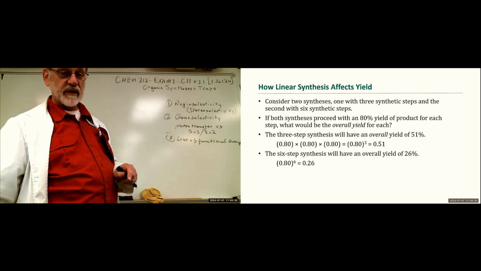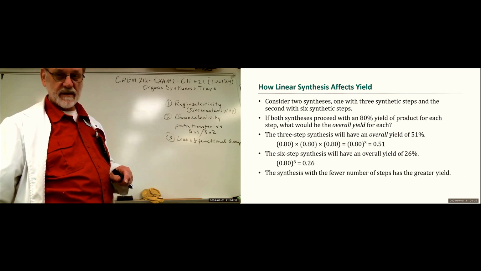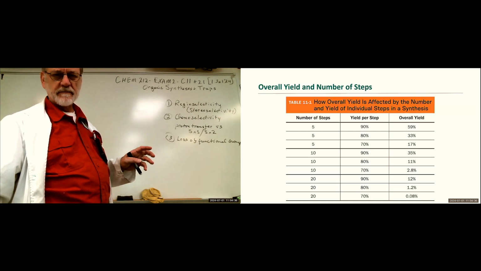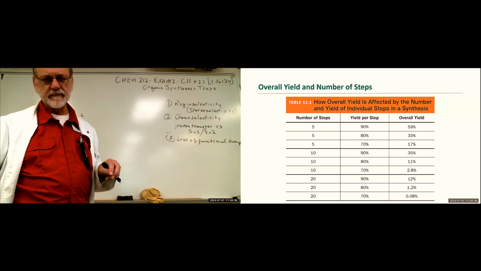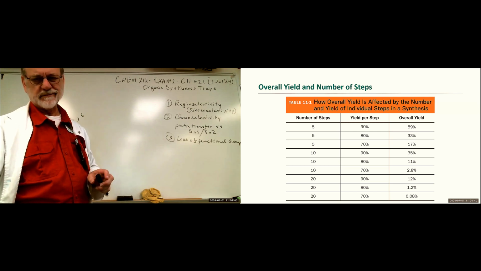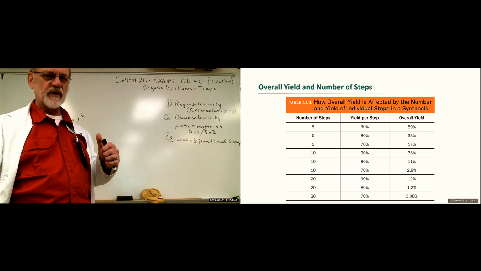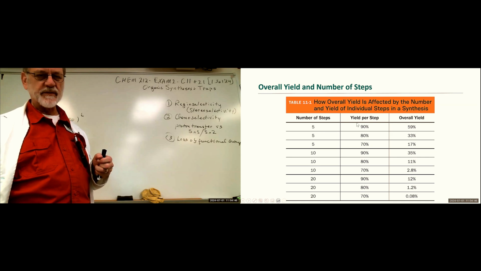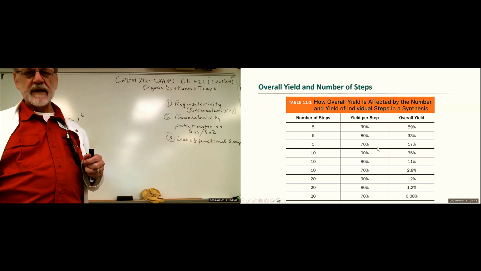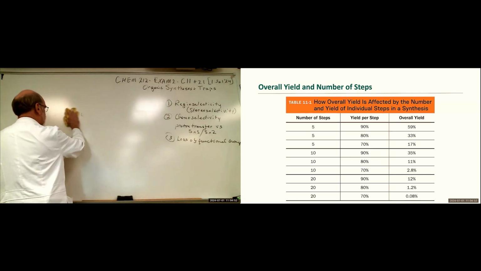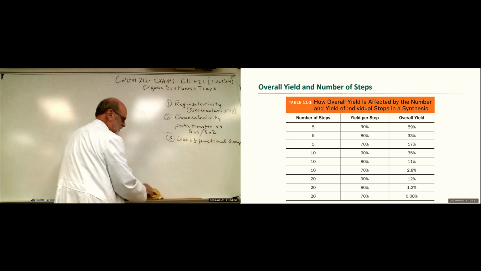Okay, the other possibility. The fewer steps gives greater yield, that's obvious. And this chart, I think it's space filler. Number of steps and the yield per step. The thing that is unlikely to happen is that each step has the same yield.